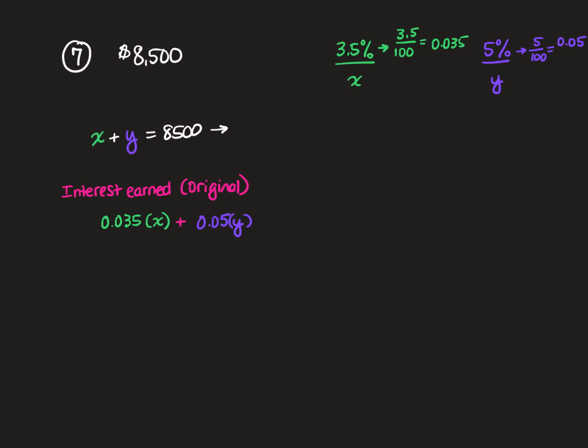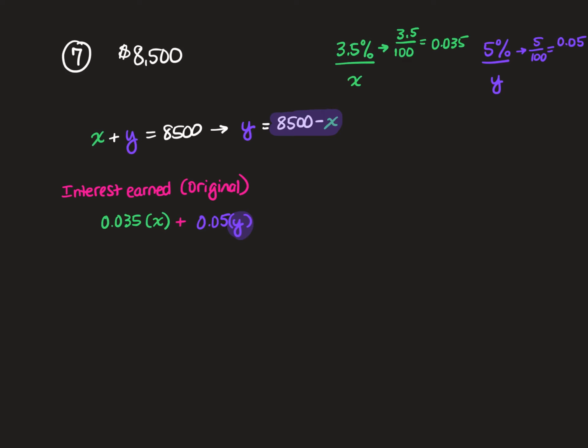If I subtract X from both sides, I'm going to end up with Y equals $8,500 minus X. Well, what's great about that is that I can now substitute that expression into my expression for interest earned. So I can take this and replace my Y with that expression. So I'm going to go ahead and do that.